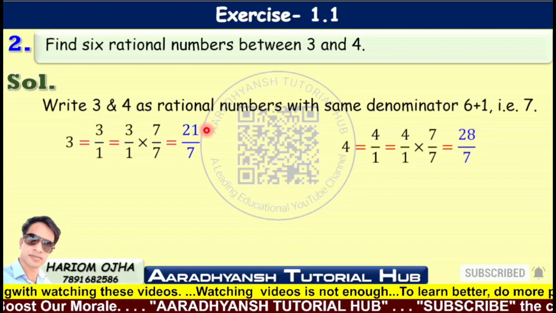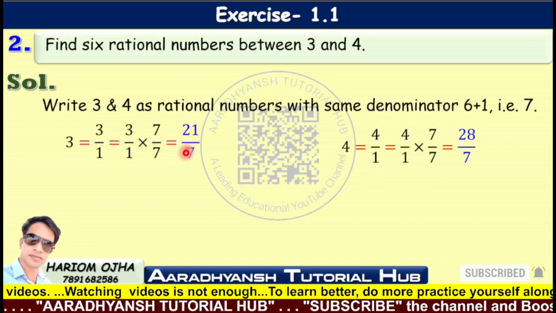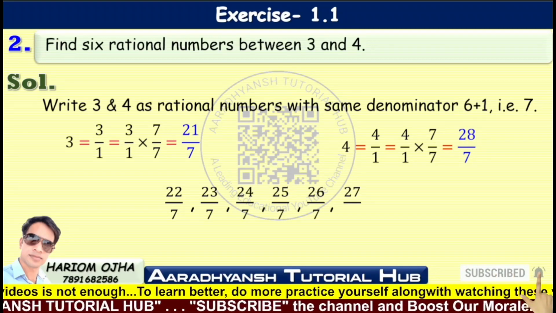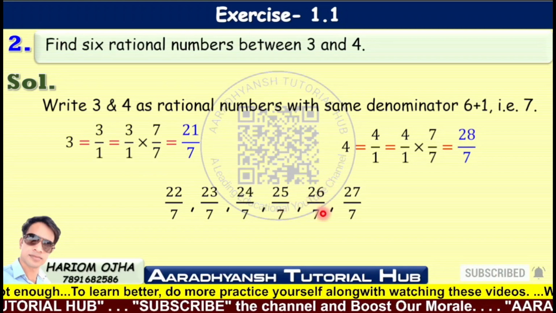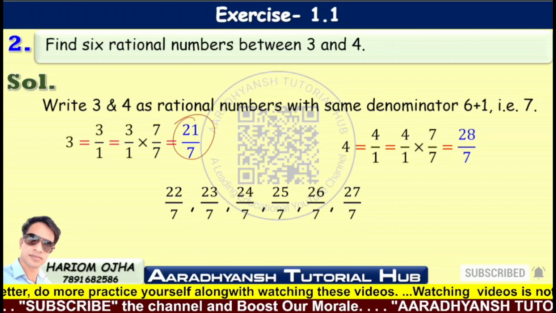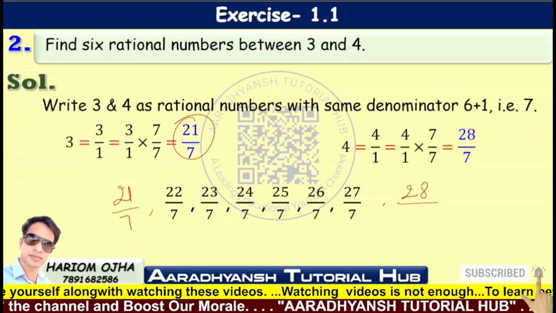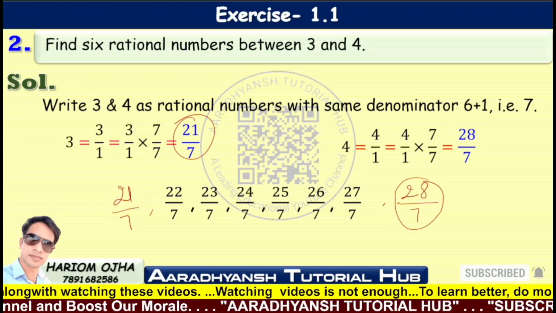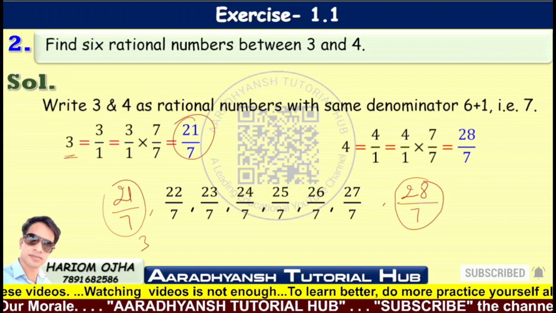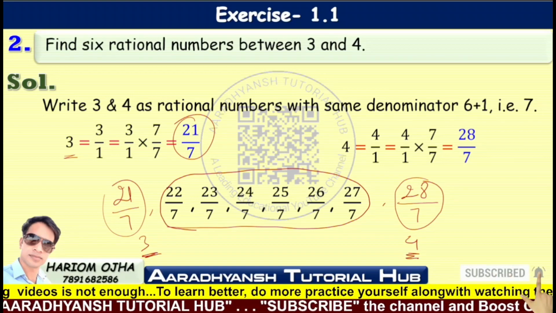Now there are 6 rational numbers between 21 over 7 and 28 over 7. These are 22 over 7, 23 over 7, 24 over 7, 25 over 7, 26 over 7, and 27 over 7. Okay, students, so these are fractions between 21 over 7 and 28 over 7, and 21 over 7 is an equivalent rational number of 3. So finally, these are the rational numbers between 3 and 4.